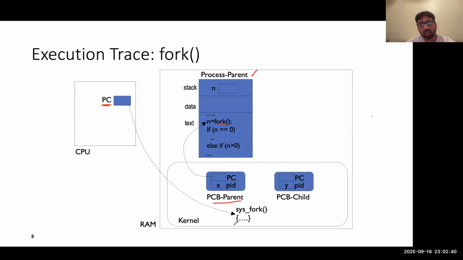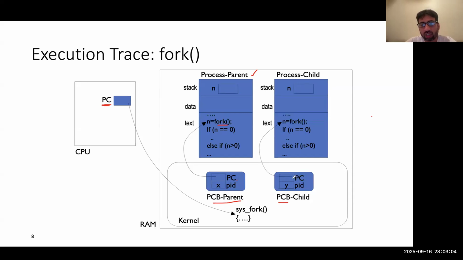When it is executed in the kernel space, we first create the process control block for the child process. We also need to set values for its PC and PID. When a process is created, we assign it an ID. Let's say the ID of the new process is Y, but we have not yet set the value of the PC.